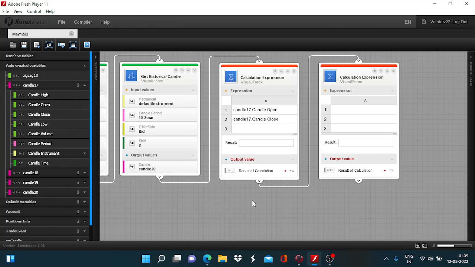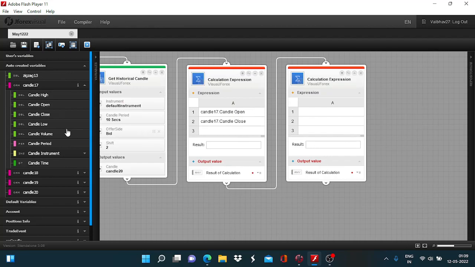We will have to calculate it both ways. One will be needed when we will be looking for a buy trade, and another time we will need to reverse it. So we get the calculation done in both the scenarios.